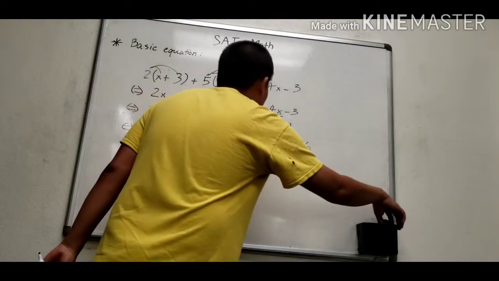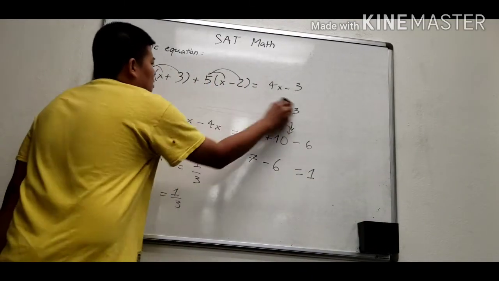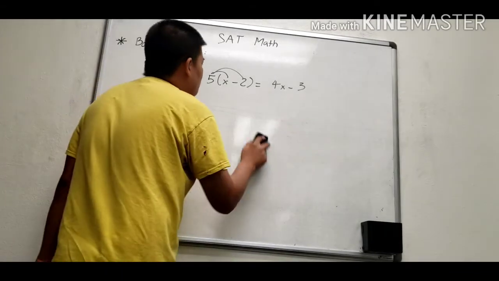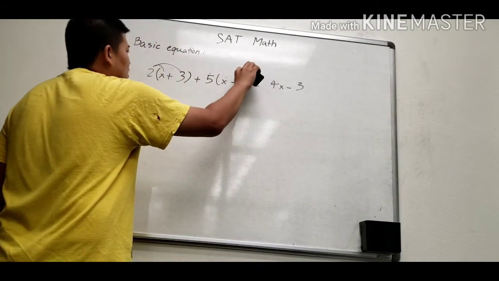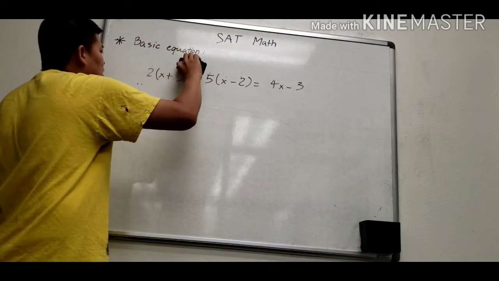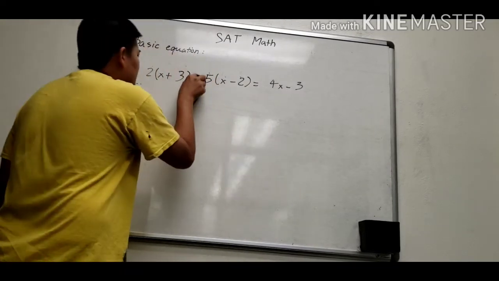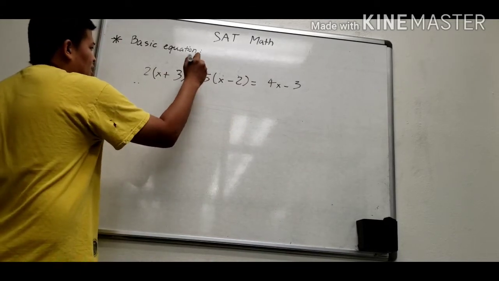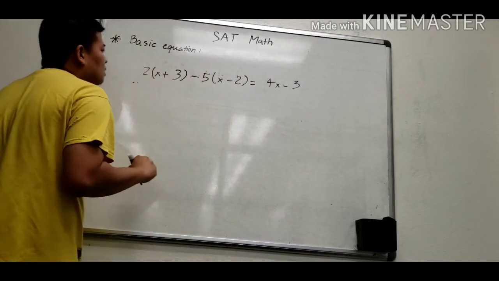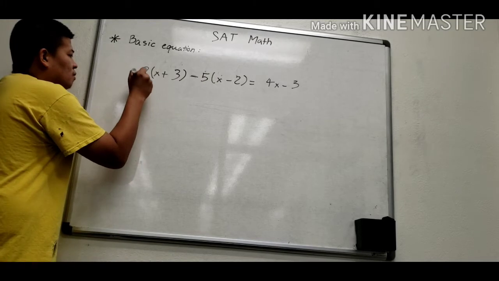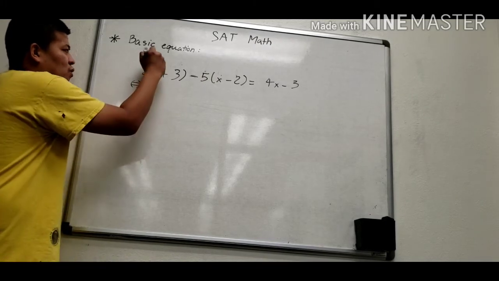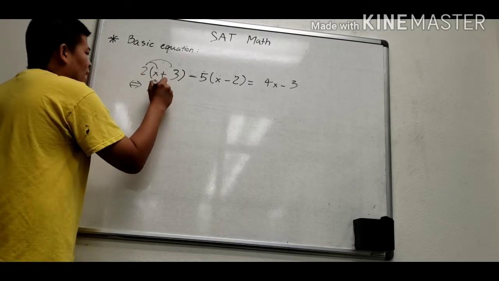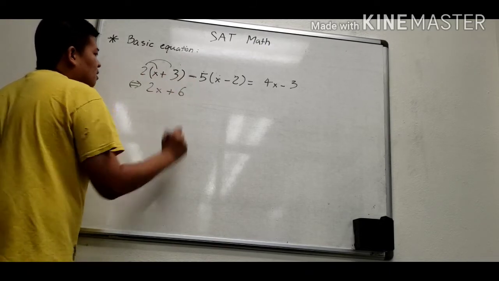The next one, now I change to the negative number, that is minus 5. So this one, we have 2 multiplied with s, 2 multiplied with 3, so we have 2s plus 6.